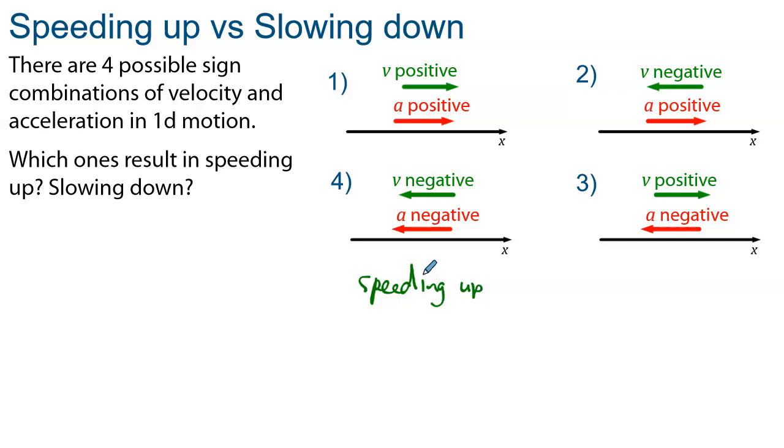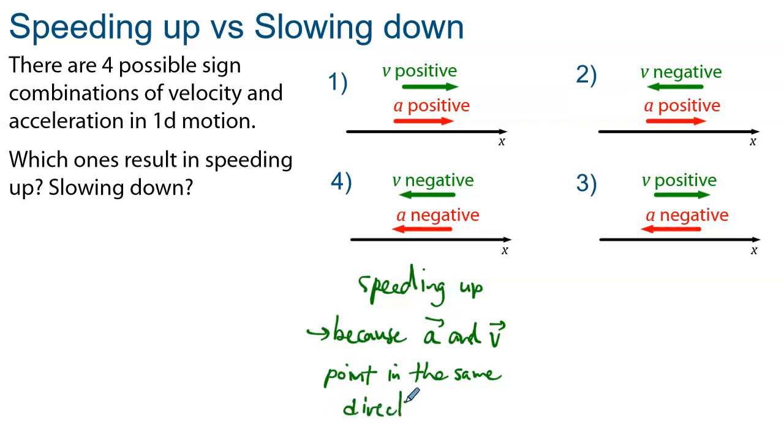And we see this because both vectors, A and V, point in the same direction. That's the case for the cases 1 and 4 up there.